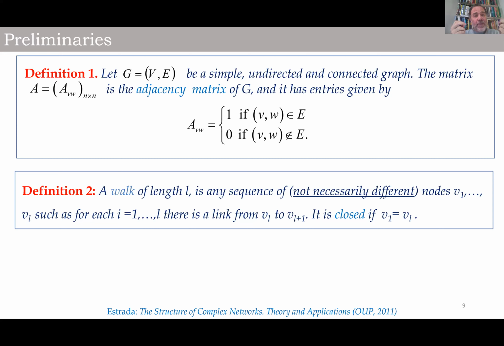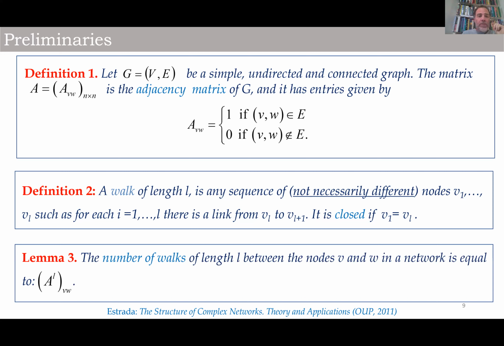The path is a particular type of walk in which there is no repetition, neither of edges nor of vertices. And we call it a closed walk if the initial and ending vertices are exactly the same. See that you can have even closed walks in trees, so there is no necessity of having a particular cycle here.